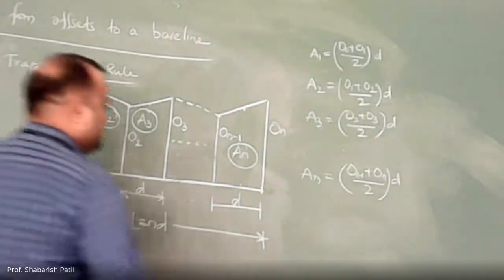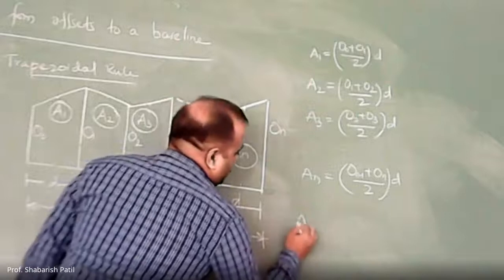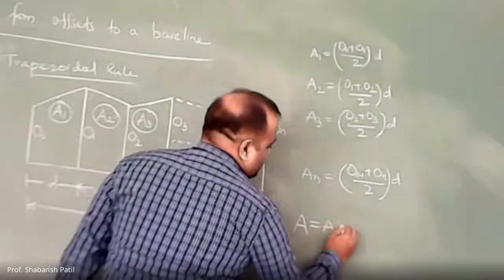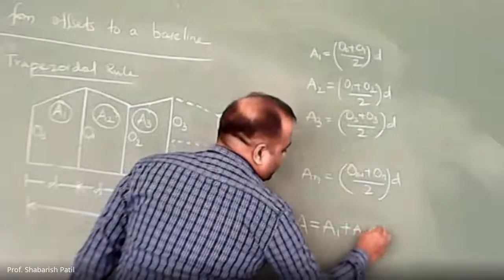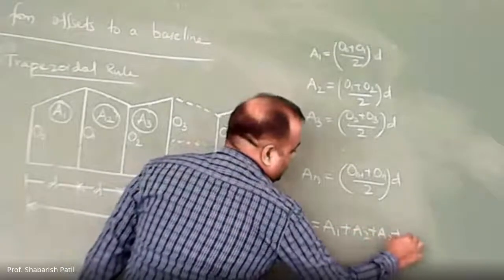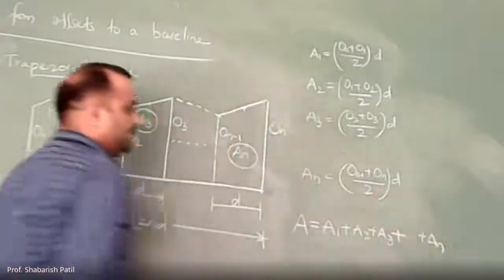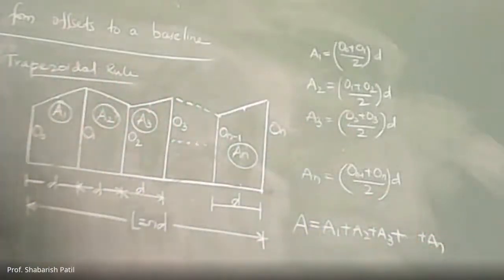But what I need ultimately is the total area A. That is equal to A1 plus A2 plus A3 up to AN. My total area is the sum of all the individual segments. Okay?